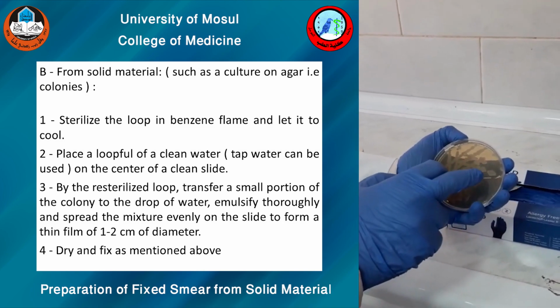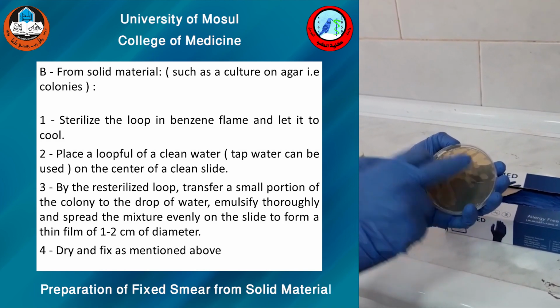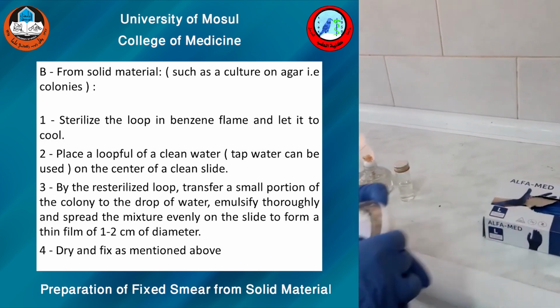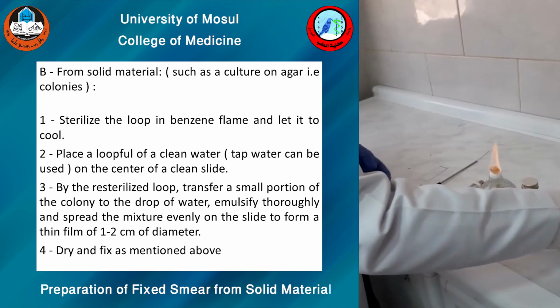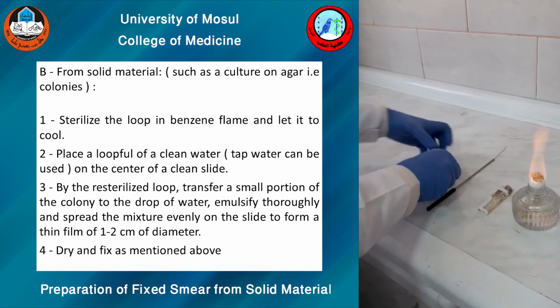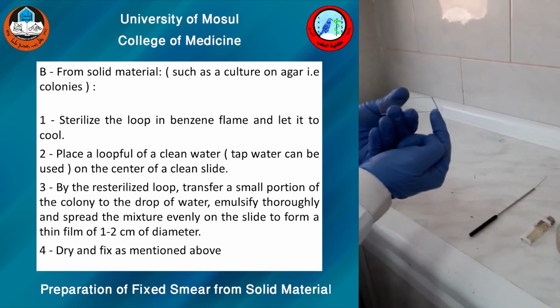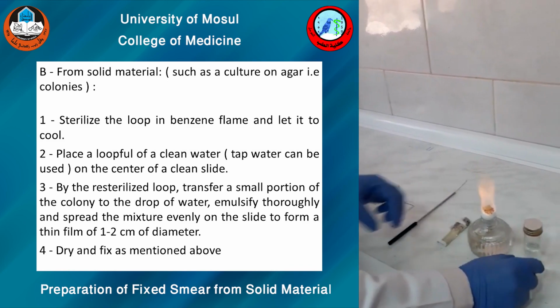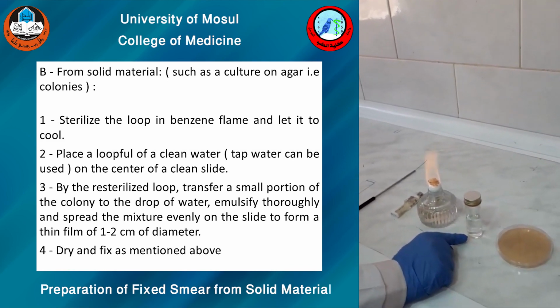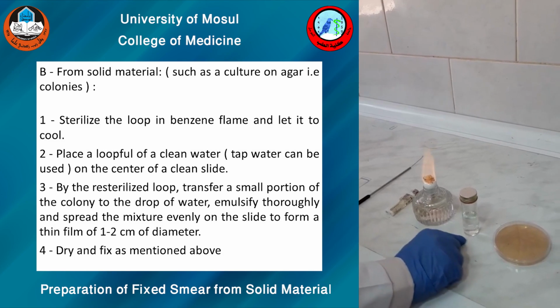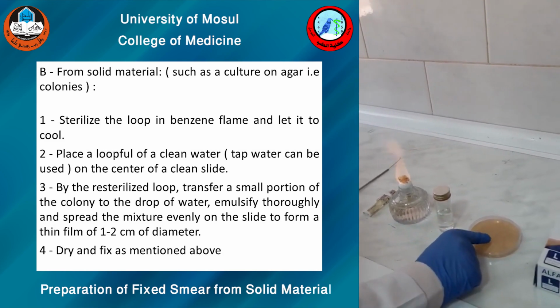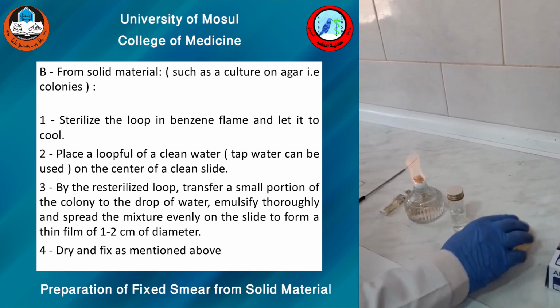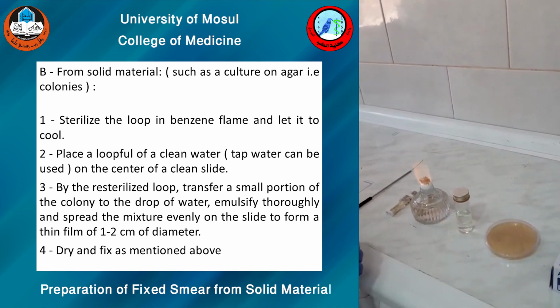So how to prepare a smear from one of these colonies on a slide. Again, the requirements include a clean slide that is labeled from the lower surface, bacterial loop, the benzene burner, and also we will need clean water. Tap water can be used, and the nutrient agar that contains the colonies from which we will prepare the fixed smear.